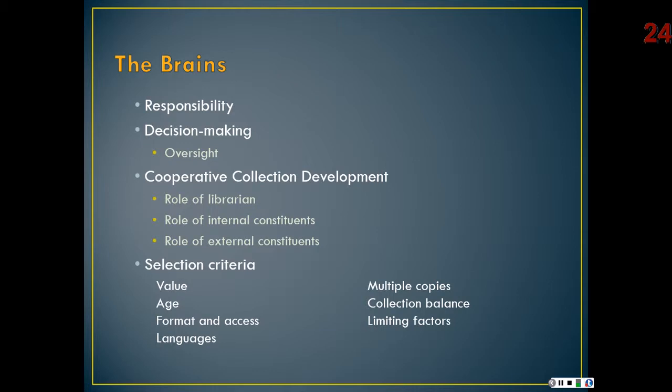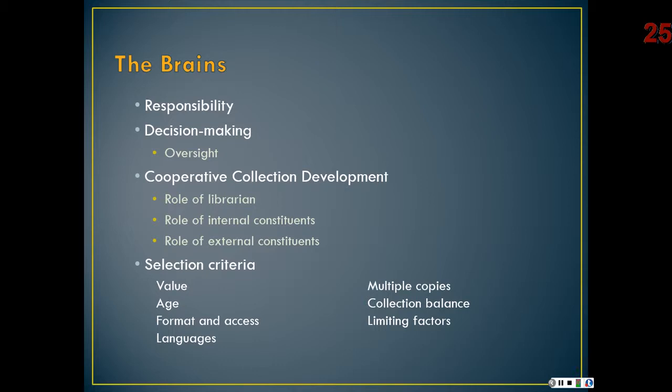And then listing out the selection criteria, the factors that would serve to include something in the collection and the factors that would serve to not include things. So, for instance, languages. If you have a significant population of Spanish-speaking students in your school, you would be well served to include some Spanish language materials and resources in addition to English language.